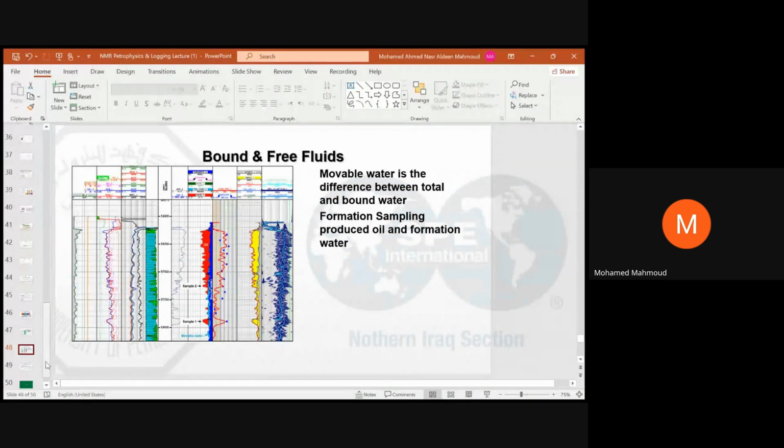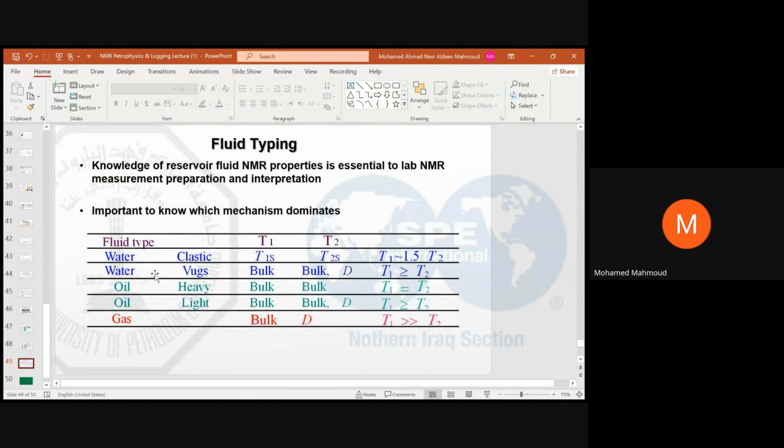All you are going to produce is oil from this section. So again, this is the field application or the well logging application of having this fluid typing method by this differentiation between oil, water, bound oil, water, movable or free water. Again, NMR is one of the best tools that can give us this in the field, and we can use it to estimate the free water.